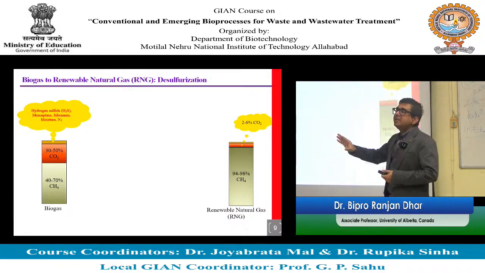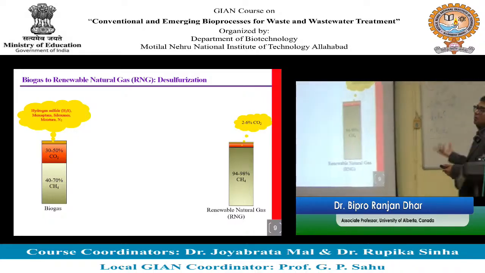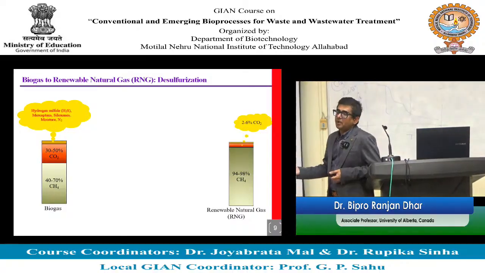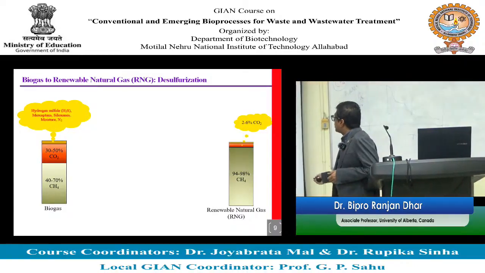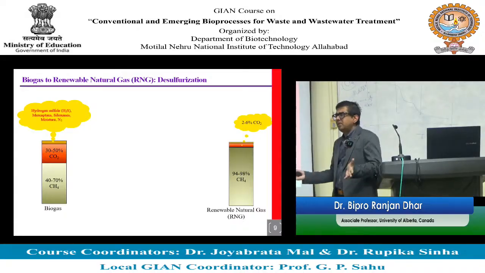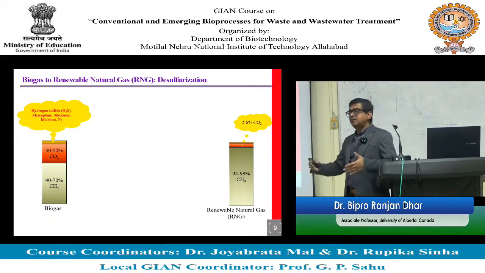So sulfide is something very problematic when you want to use biogas to generate heat and electricity or some other purpose. Even if you want to convert biogas to renewable natural gas, and possibly you all are familiar that renewable natural gas projects are getting very popular, not just in developed countries, even in countries like India.